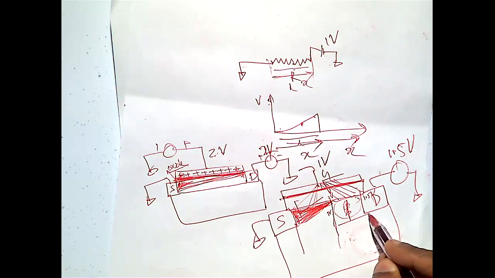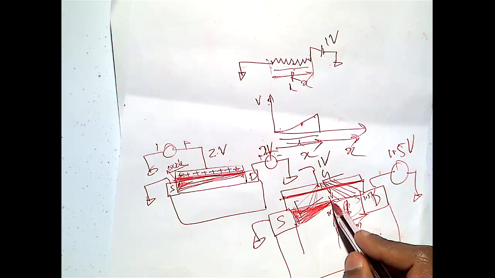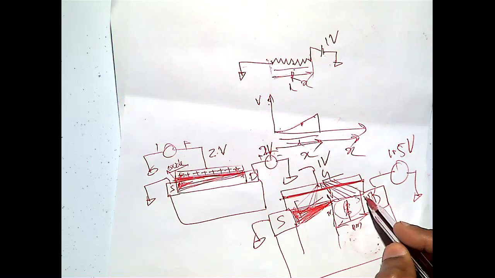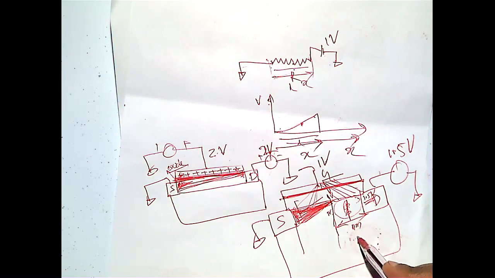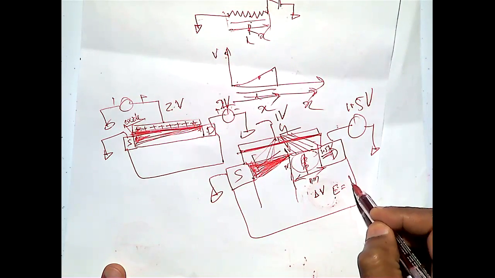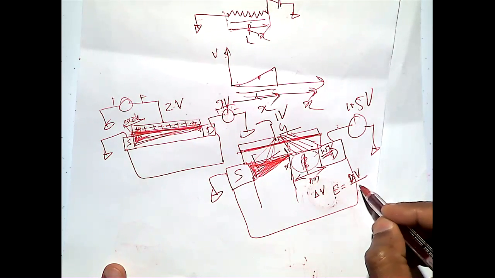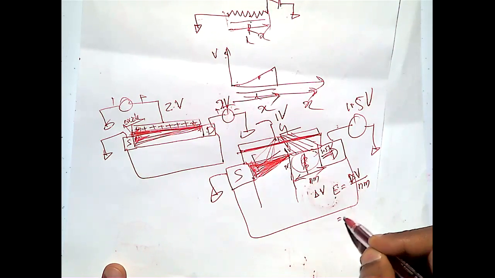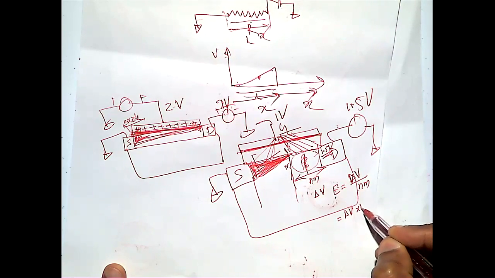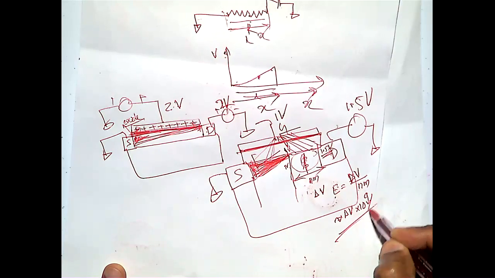But because this gap is in nanometers, and here you have 1 volt and here 1.5 volt, you have a voltage difference of delta V. Your electric field equals delta V divided by the separation, which is in nanometers, so it is delta V times 10 to the power of 9 order, in volt per meter.